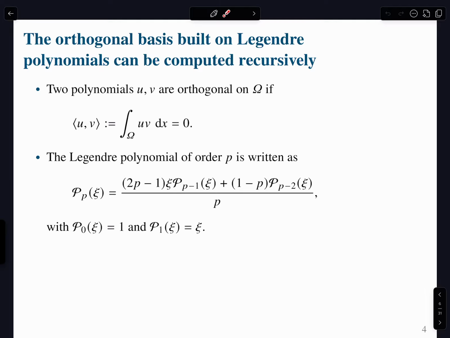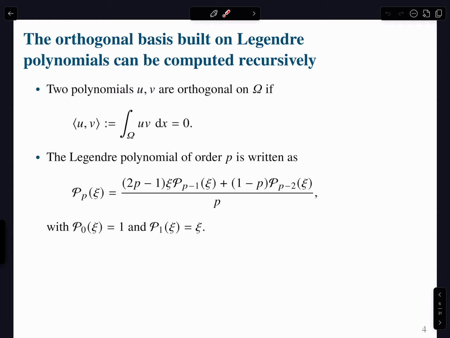Something also very nice is that in order to get my Legendre polynomial of order p, I need the ones of order p minus 1 and p minus 2. You can do something smart so that you don't have to recompute these things. If you cache them, you can always save computational effort.